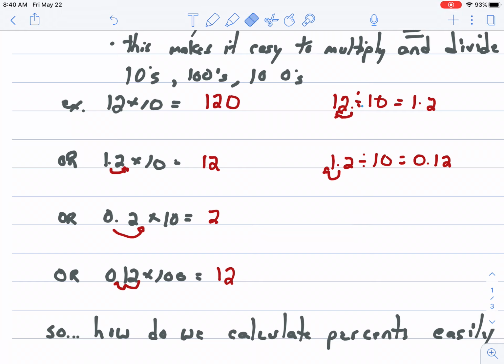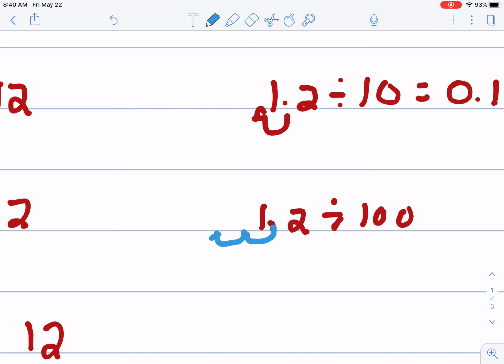We said divide by 100, and the 100 represents 2 units. So there's 1 unit to the left, but the problem is I don't really have a space there. So if I'm moving 2 units, I have to assume a 0 is placed there. As a result, my answer becomes, my decimal point is here, 0 decimal, and it's 0.012, with the 12 left as a part of my number.